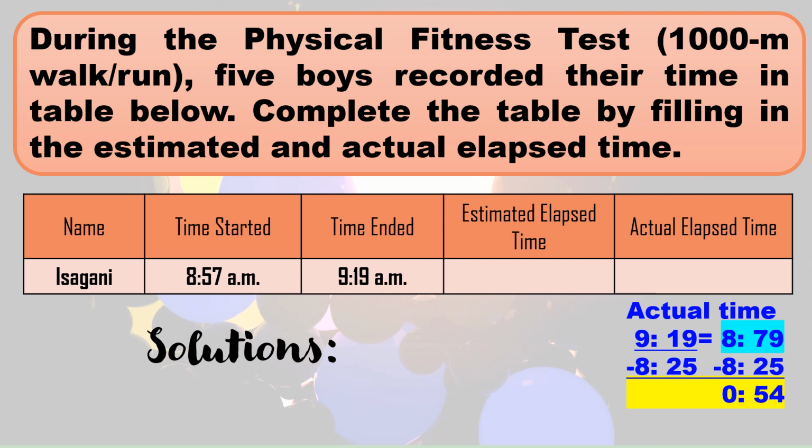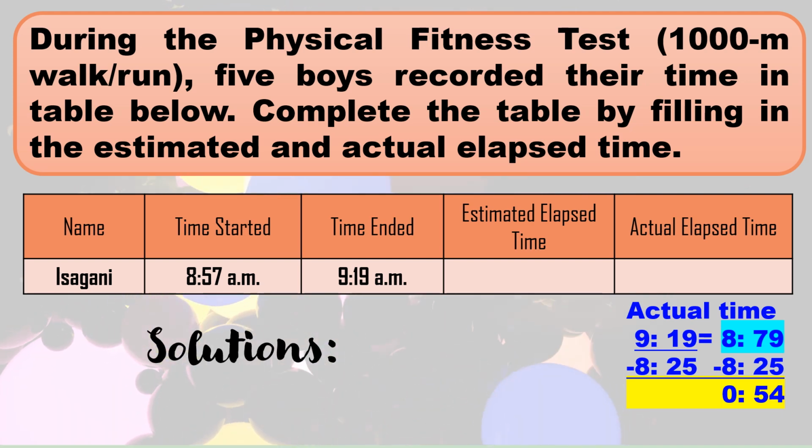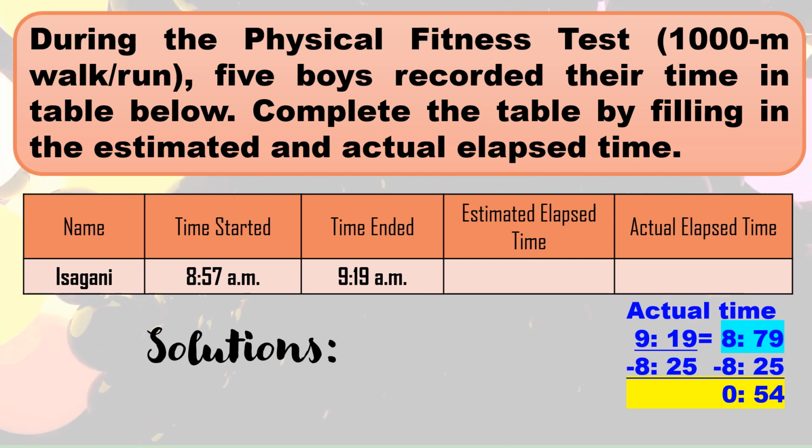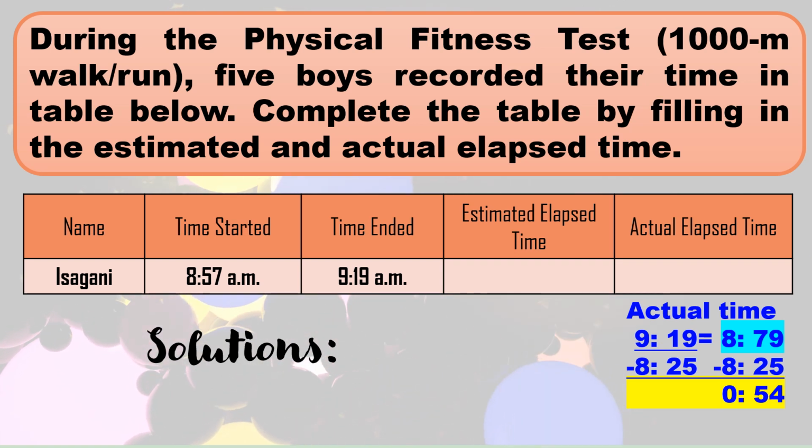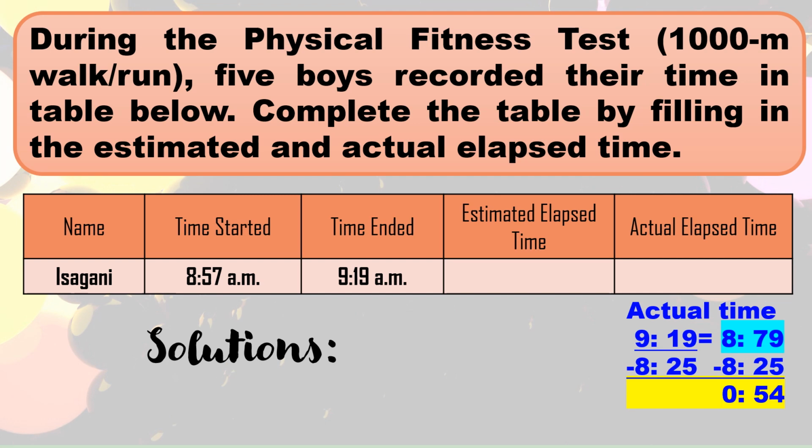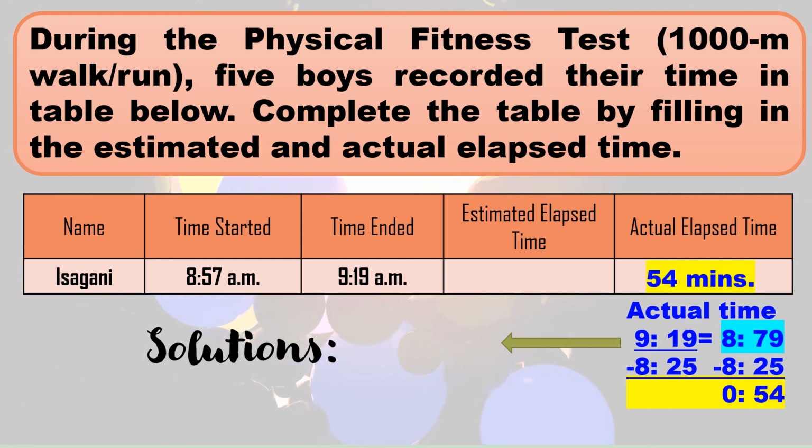So we're going to borrow 1 hour and then add 60 minutes to 19. So it becomes 8:79 minutes.